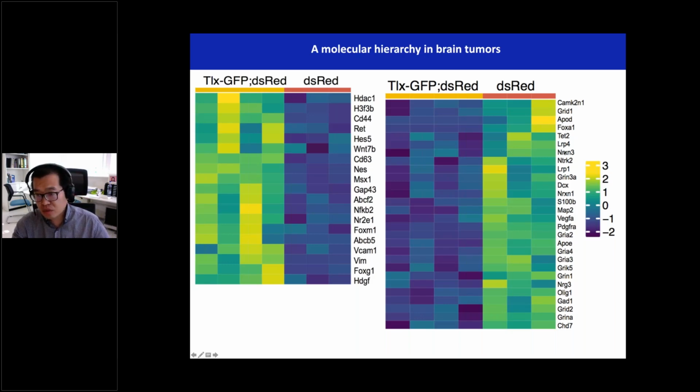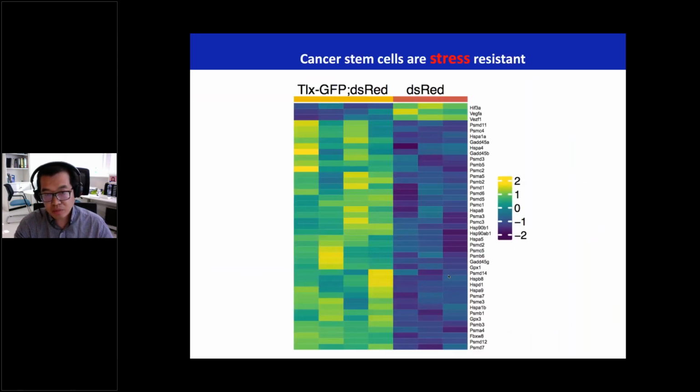And you will see that classic neurodifferentiation genes like Doublecortin, MAP2, many genes, OLIG1, are enriched in the differentiation compartment. So it's from the same tumor in the pure population. If you really sort them, you see clearly the molecular hierarchy is there, in the stem cell differentiation hierarchy. But additionally, what is very interesting in this stem cell population is they activate many stress-resistant pathways.